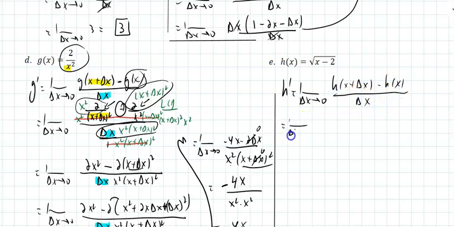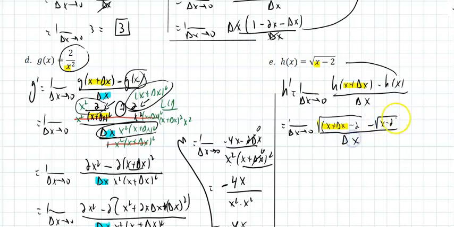Now again, wherever you see an x, so there's the radical, the square root of x plus delta x minus 2, minus h of x is simply what you see. And here you'll notice you're stuck. If you let delta x equal 0, square root of x minus 2 minus the square root of x minus 2 is 0 over 0. So the only way to deal with this is to multiply by the conjugate.